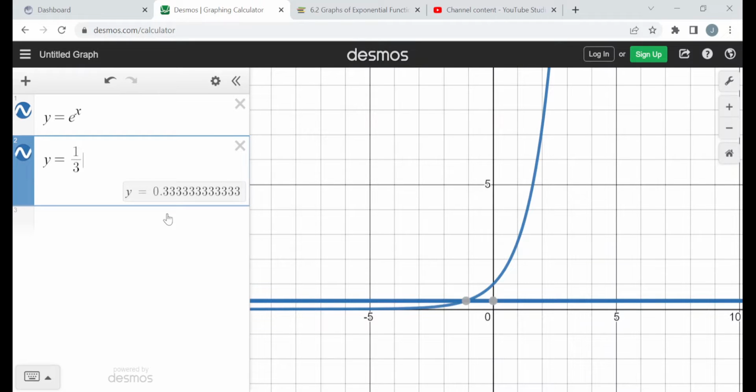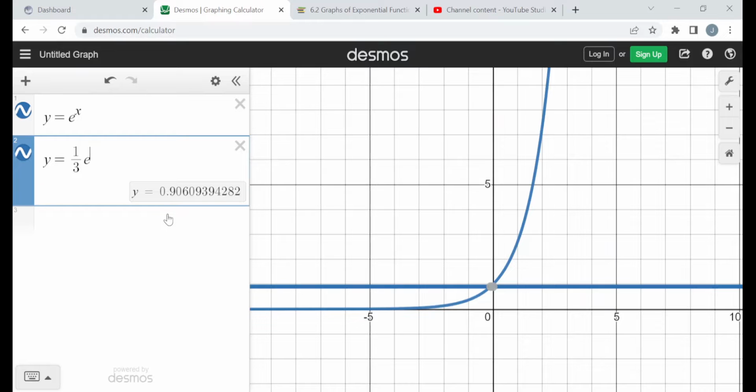Now they might also say a vertical compression by a factor of 3. Just understand that when they say compression, you should be multiplying by a number less than 1. So if they say compression by a factor of 3, that means you're multiplying by 1/3, the reciprocal. So 1/3 e to the x.